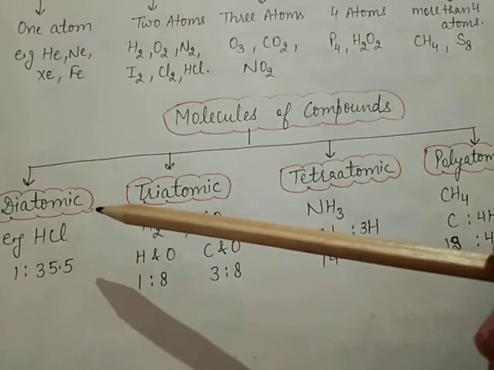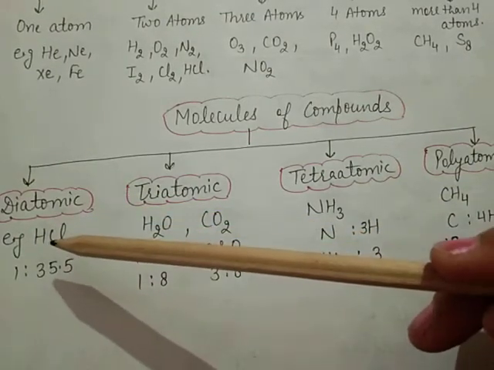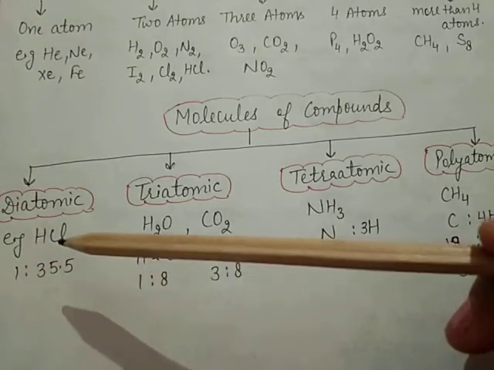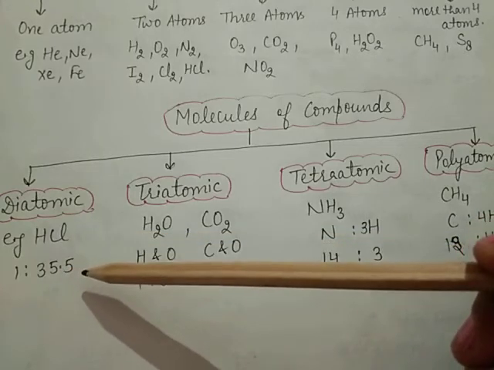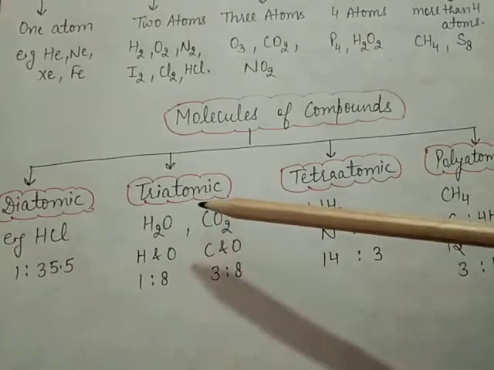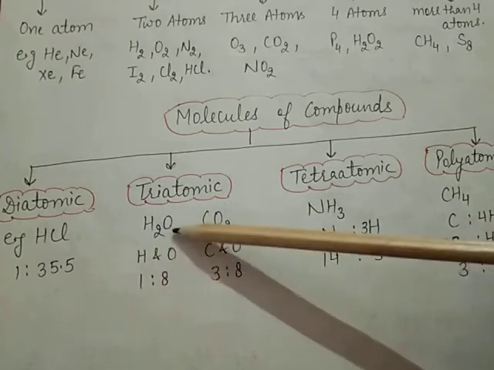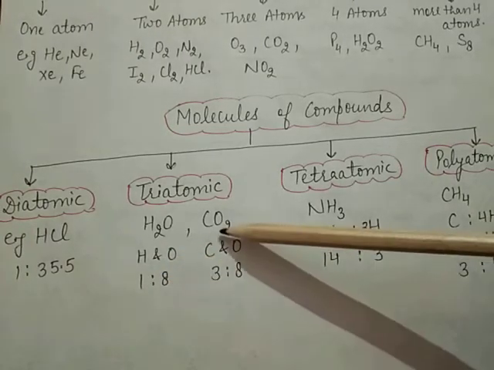First we take diatomic molecules, which are made up of 2 atoms, like HCl, hydrogen and chlorine. Hydrogen is present in 1 ratio and chlorine is 35.5 by mass. Triatomic, made up of 3 atoms, like H2O, 2 atoms of hydrogen and 1 atom of oxygen, present in 1 ratio 8.